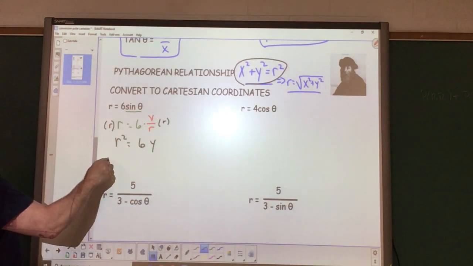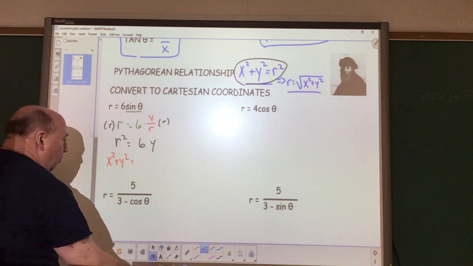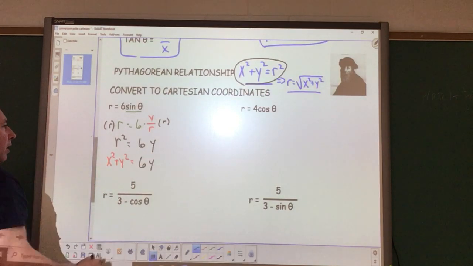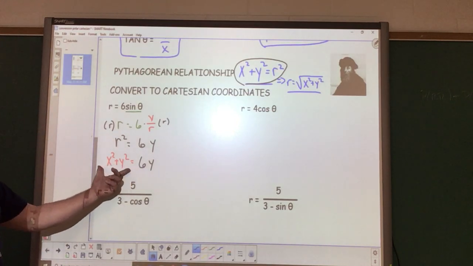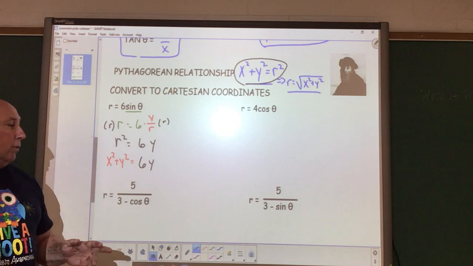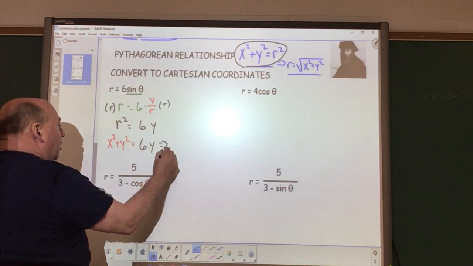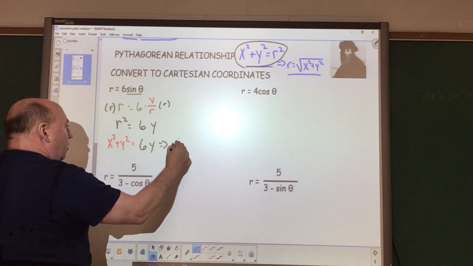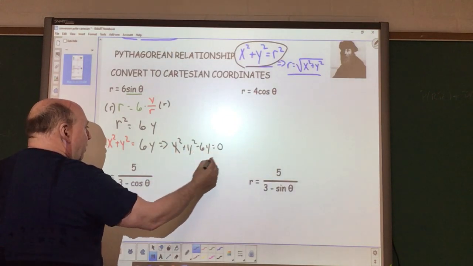Putting in my substitution, I have x squared plus y squared is equal to 6y. Now typically what we do with this is we put this into a standard form, which means equal to 0. So we can subtract our 6y over. So we have x squared plus y squared minus 6y is equal to the value of 0.